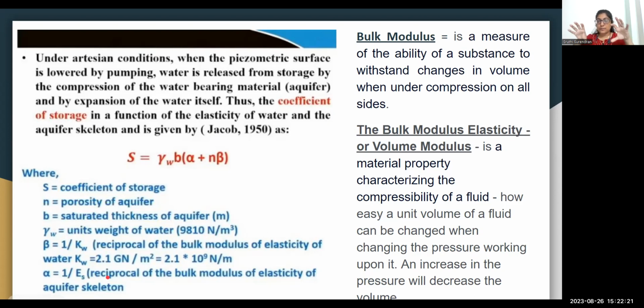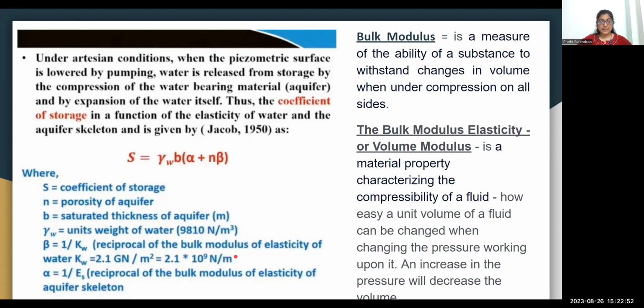If the aquifer is composed of a material, then we need to know the bulk modulus of compressibility or elasticity of that material, find the reciprocal of it, and then use it in that equation. It is here that the bulk modulus of compression and elasticity comes into significance. Similarly, beta is the reciprocal of the bulk modulus of elasticity of water, which is 2.1 into 10 to the power 9 Newton per meter square.